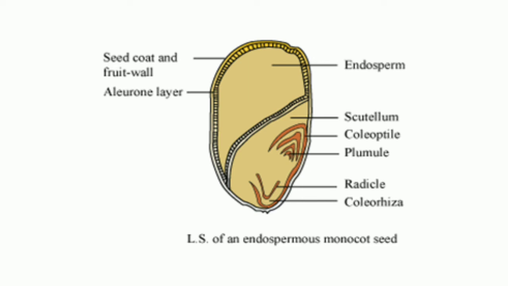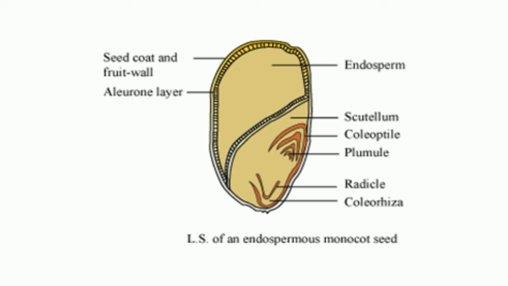And the middle region, that is the plumule and the radicle region, gets covered by some sheaths which are developed from the scutellum, and they act as the covering of the radicle and the plumule. This is called the coleorrhiza, which surrounds the radicle, and the coleoptile, which surrounds the plumule.